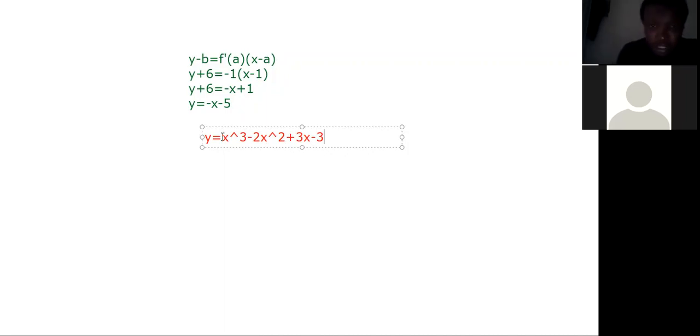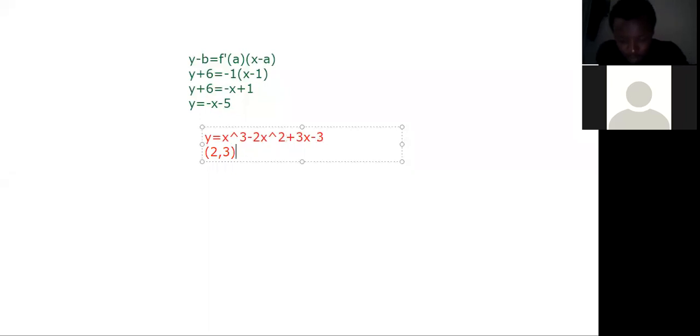These are the points we are given, 2 and 3. We've been asked to find the equation of the tangent and that of the normal. So we first have to find the equation of the tangent, then when we finish, we find the equation of the normal. Take me through the process.